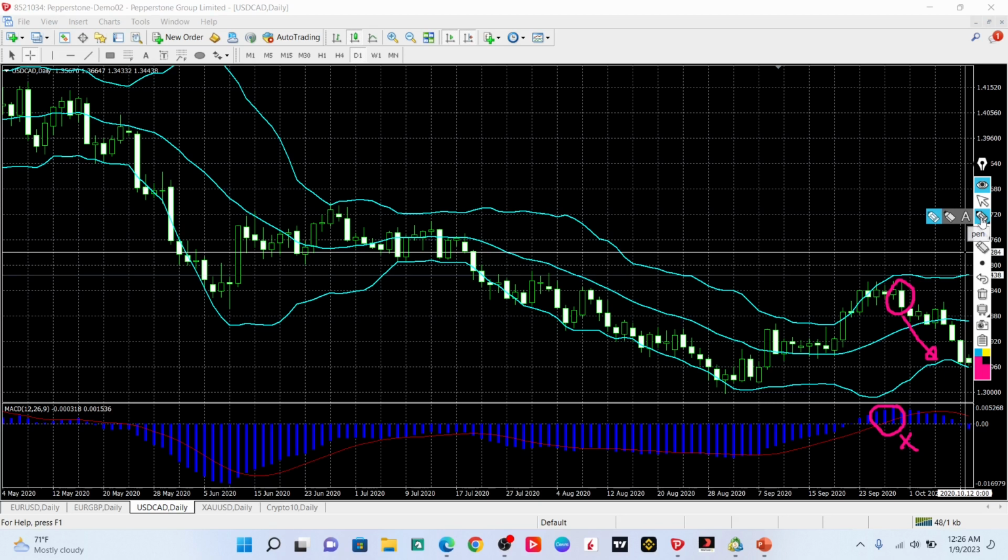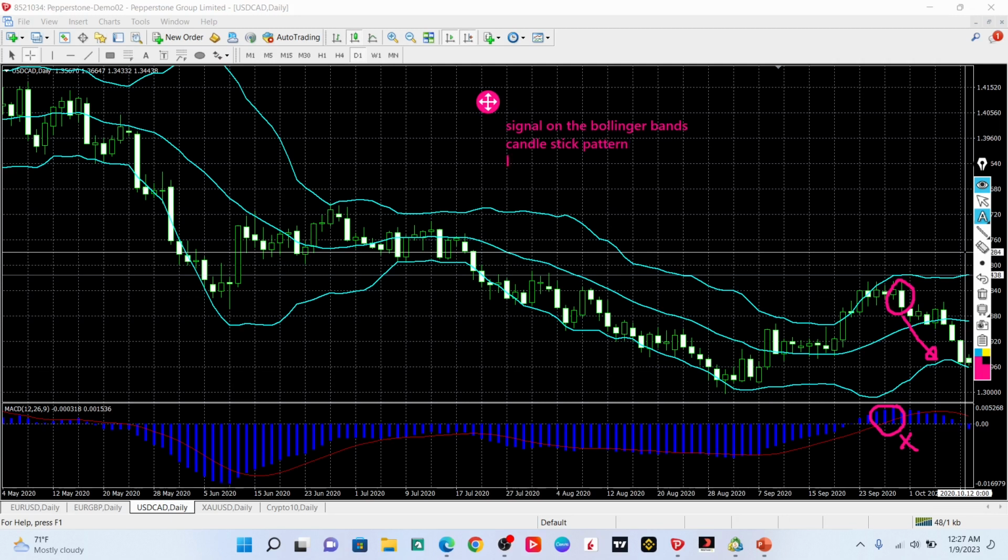Confluence is whereby at least two or three things occur. We need a signal on the Bollinger Band. Then we want to see a candlestick pattern.